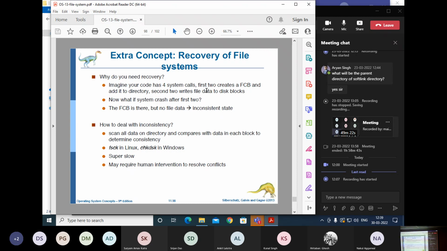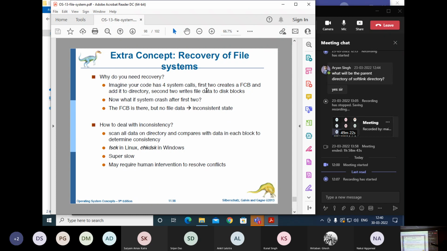Even in the case when your tree is somewhat broken, some pointers are not really correct, if I'm talking about the directory tree, then you have to run FSCK, file system check, or CHKDSK, check disk, short for that, which will scan the whole directory tree and fix these links.